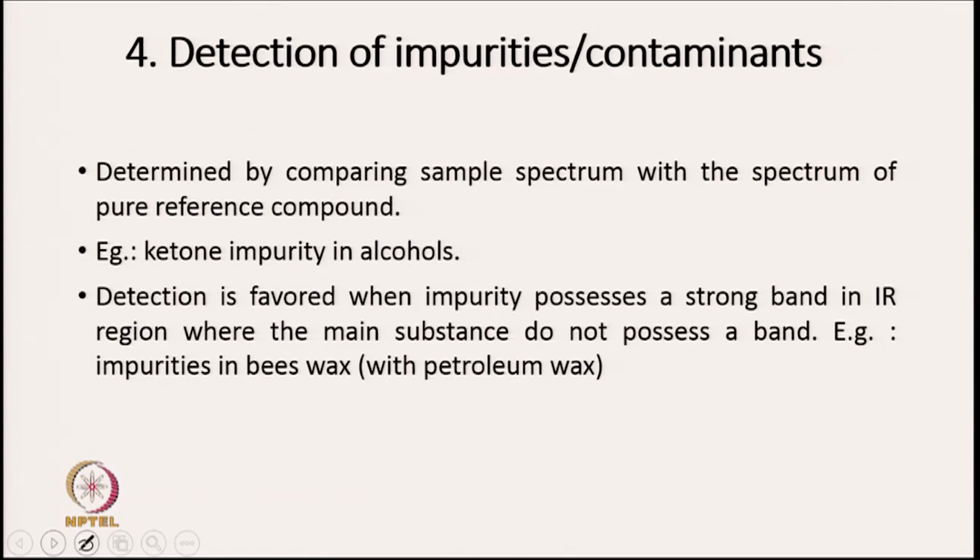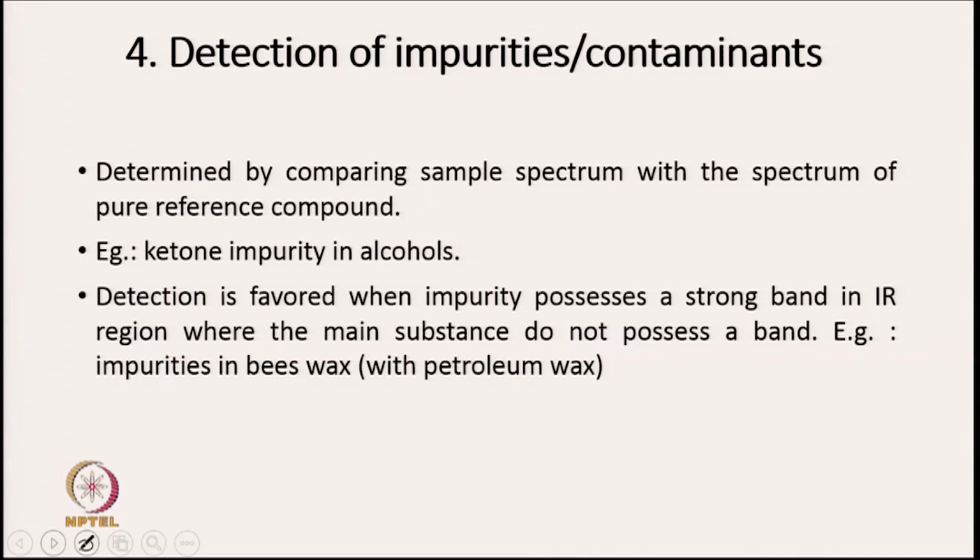People try to look at ketone impurity in alcohols. Most alcohols have ketone impurity, and just by looking at the absorption band of C double bond O, we can know whether that impurity exists or not, and we can also do quantitative analysis.